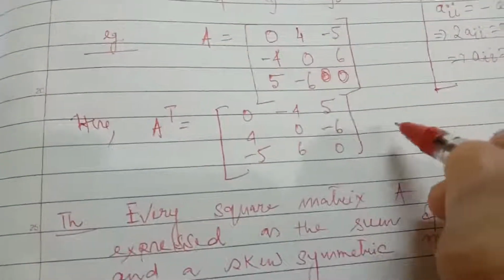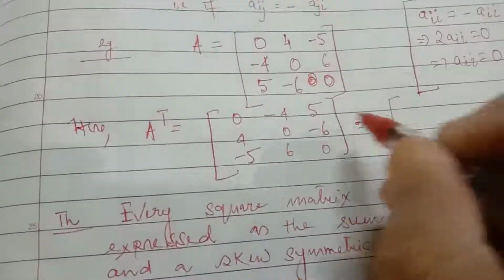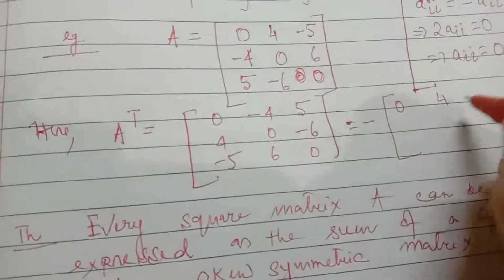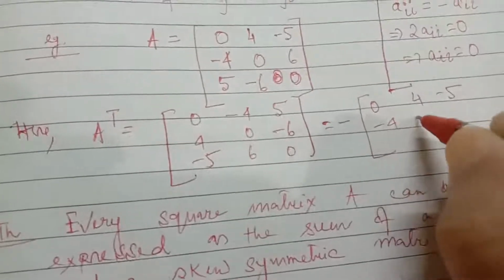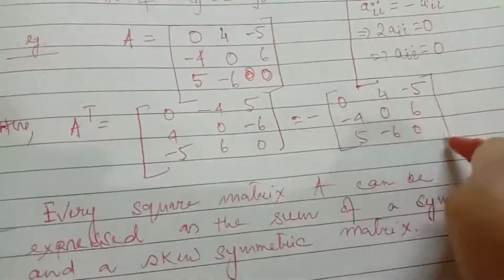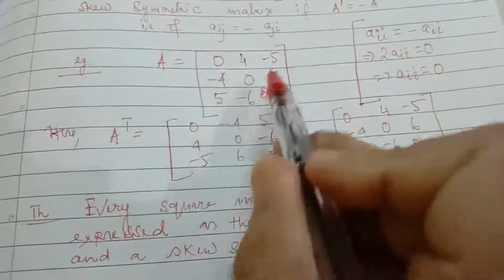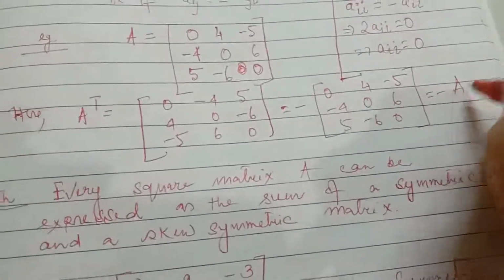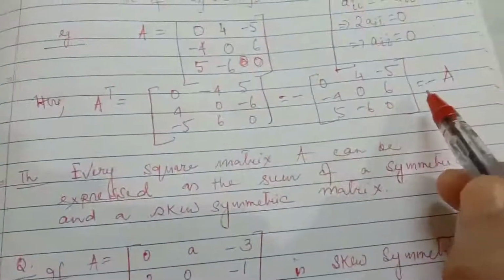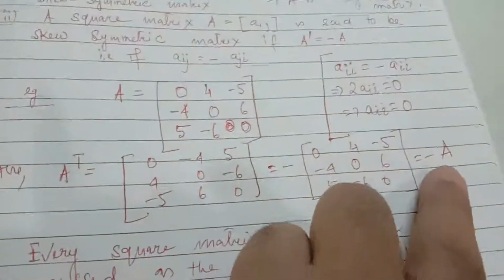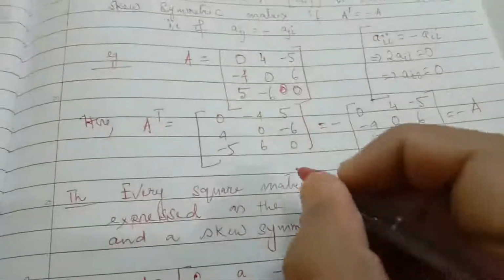Taking minus sign common from each element, we get 0, 4, minus 5, minus 4, 0, 6, 5, minus 6, 0, and you can see this matrix is our A, so it will be minus of A. You can see A transpose is equal to minus of A. If A equals this matrix, then A transpose equals minus of A. It means A is skew symmetric.